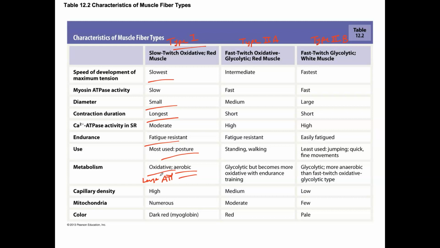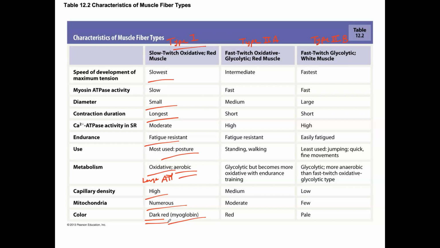These types of cells will have high capillary density, so lots of blood vessels coming through these cells. They have high levels of mitochondria to sustain aerobic metabolism, and they have a high myoglobin content to carry high levels of oxygen, and therefore they get the darker red coloration under the microscope.